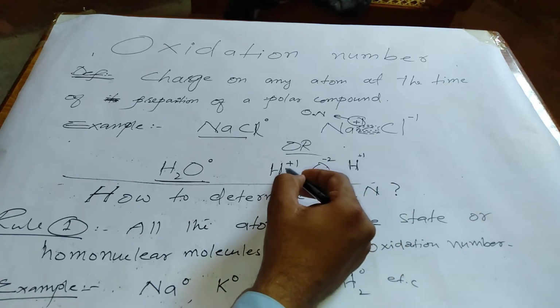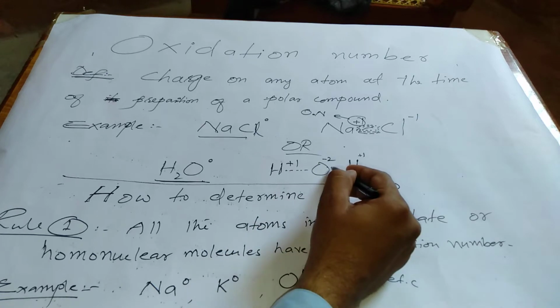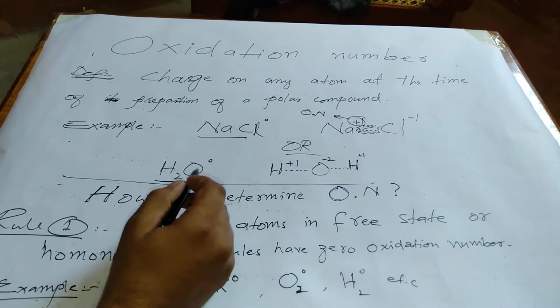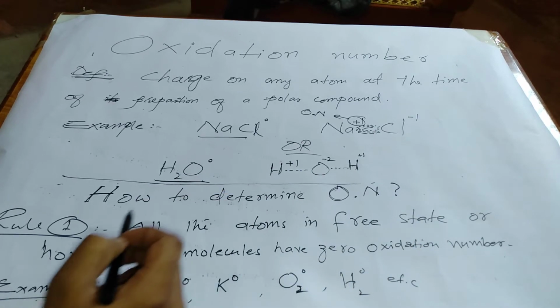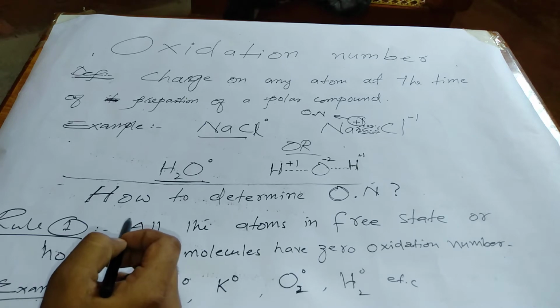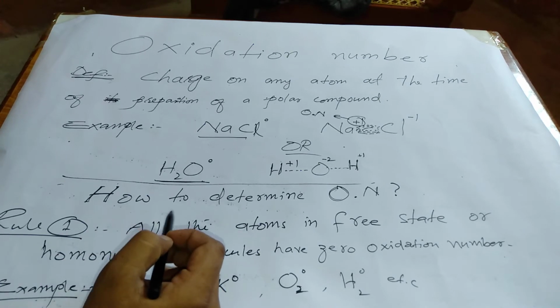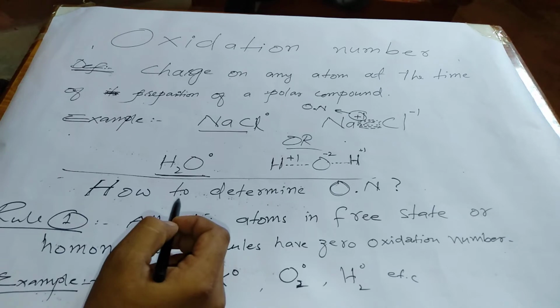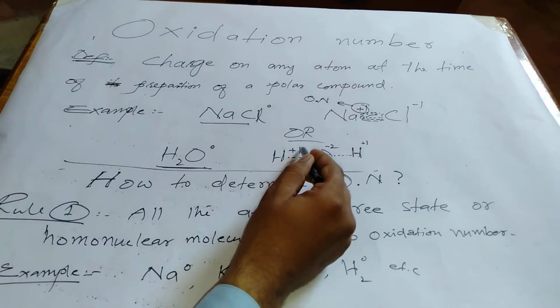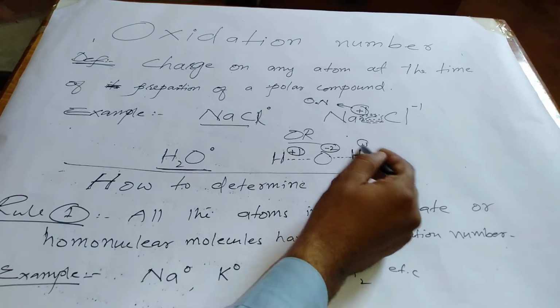In this way these atoms unite with each other to form a molecule of a compound which has no charge. So the charge on any atom at the time of its preparation is known as oxidation number.